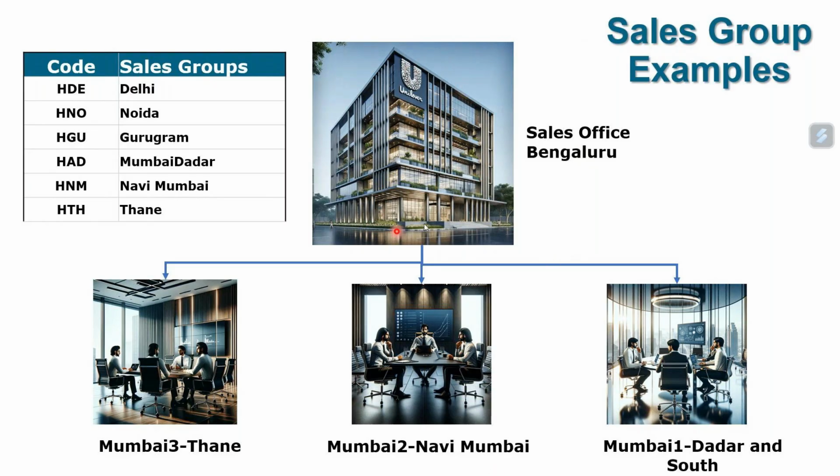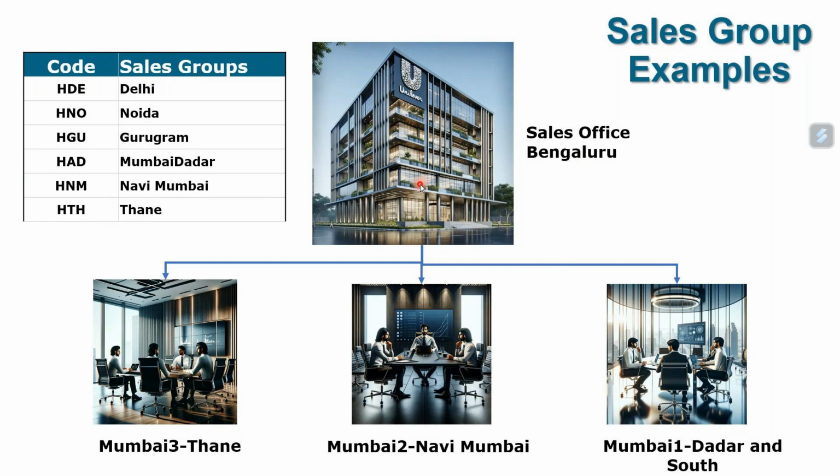Or even if it is catering just to Mumbai, you need smaller teams to look at specific spots within that city. Okay, so four people for Thane, three people for Mumbai, three people for Dadar and South Mumbai. That is how you make sales groups. These are small sales teams sitting in the sales office.